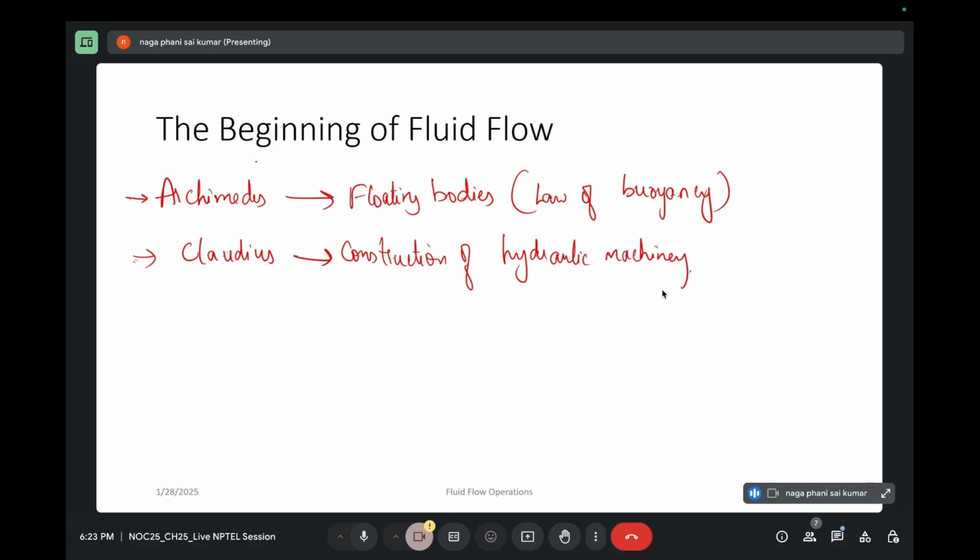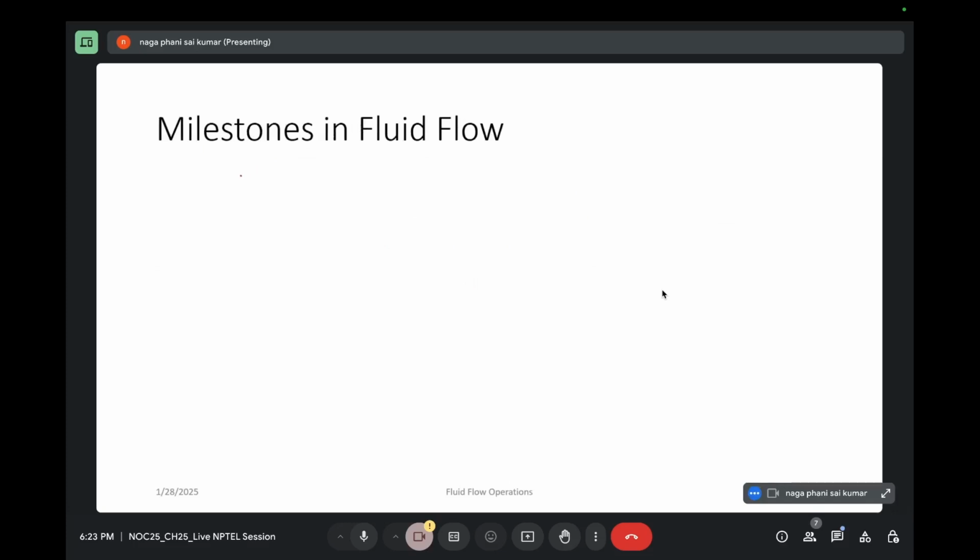Sorry, this is not the beginning of fluid flow operations. This is about milestones. After Archimedes' buoyancy, the next great achievement was the construction of hydraulic machinery by Claudius.